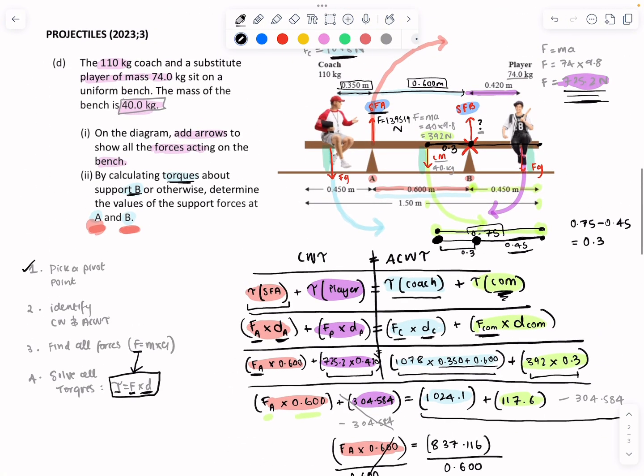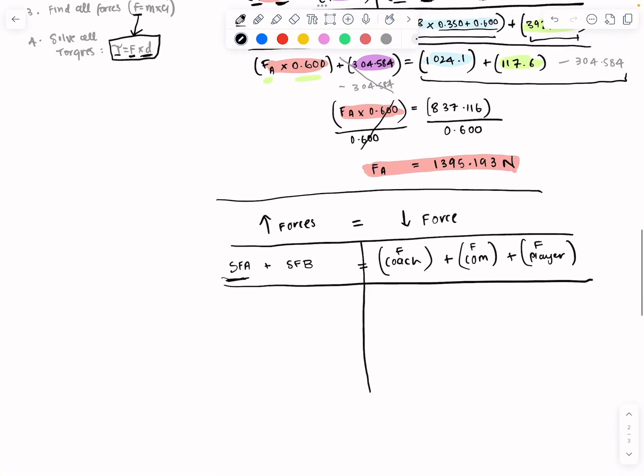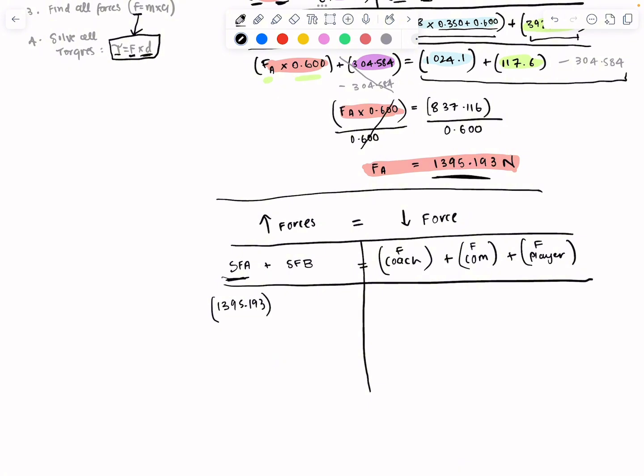Support force A, we just worked out was 1395.193. Support force B, that is what we're trying to find. This is the mystery we're trying to solve.